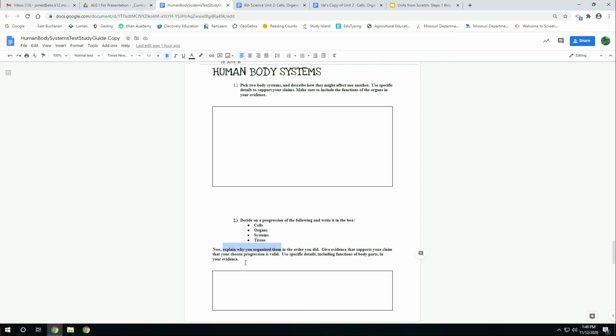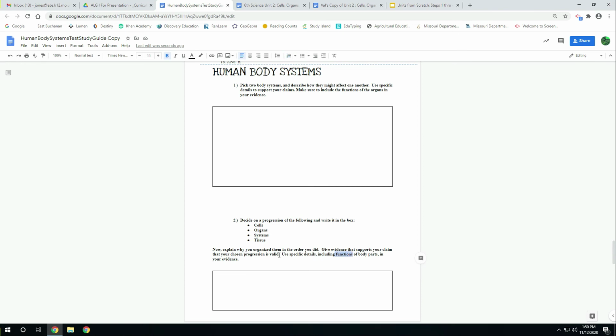That's great. And then other kids might rise to the occasion and go, okay, well, I'm going to make a different claim perhaps. Maybe there's another progression they could decide on. And as long as they made the claim and include specific details of the functions, then that would be a really good thing.